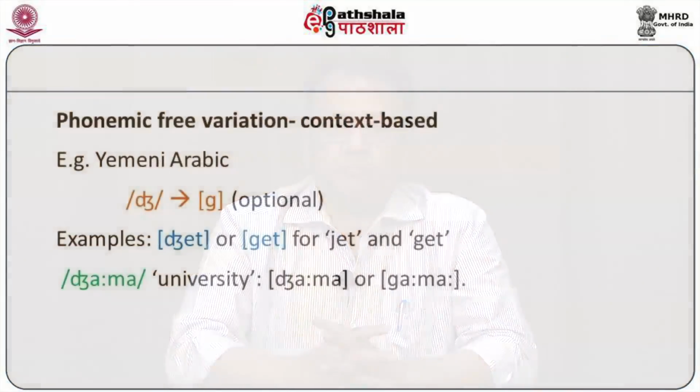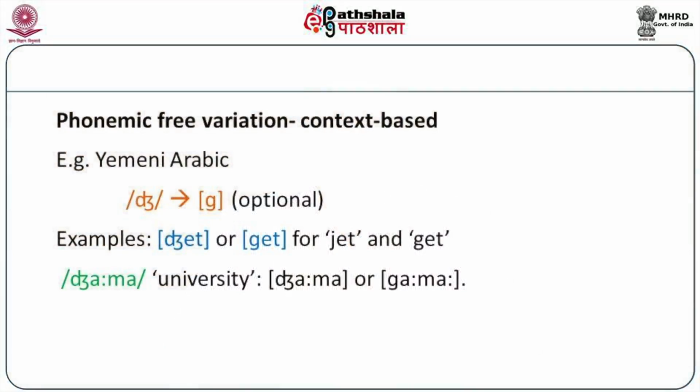We looked at some examples from English where we have two phonemes occurring in given lexical items such as economic, etc. As different from phonemic free variation, allophonic free variation can be both context sensitive or context free.